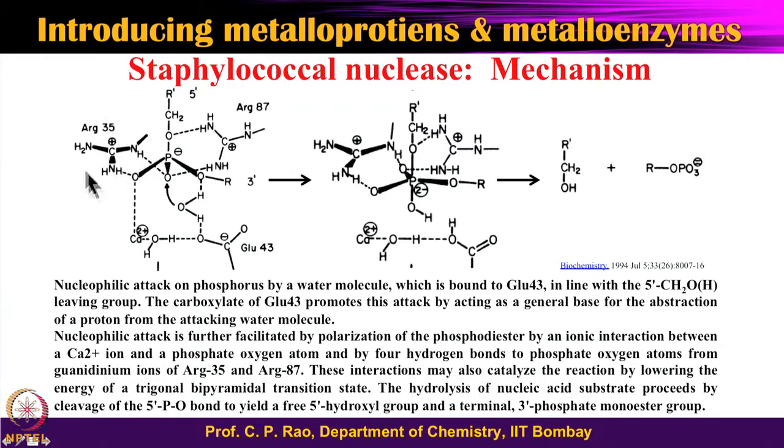arginine 35 on this side and arginine 87 on this side. Additionally, as you can see, there is an NH2 group because of the arginine, which is essential when you break this PO bond; you need to stabilize this bond by protonating this O minus. So, this O becomes OH, CH2 R prime.